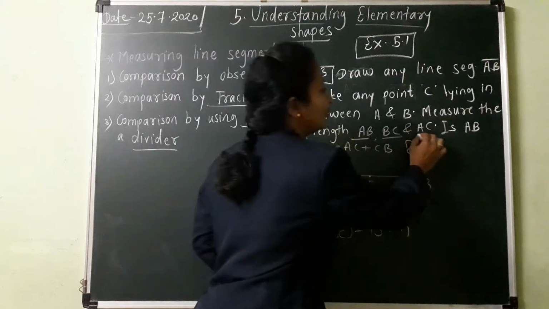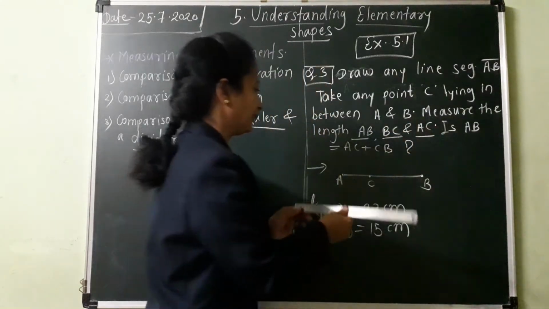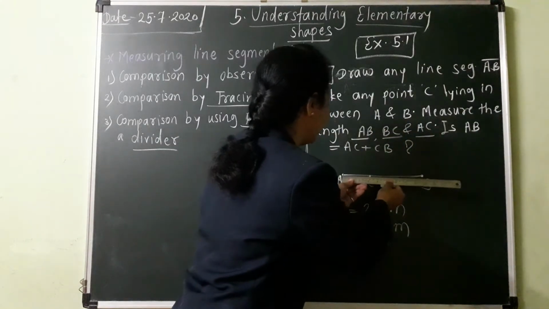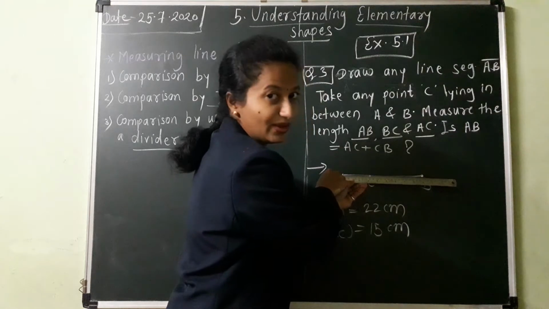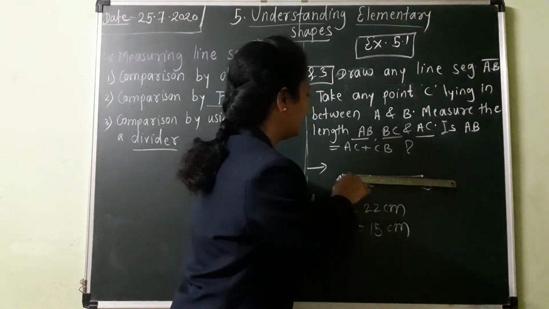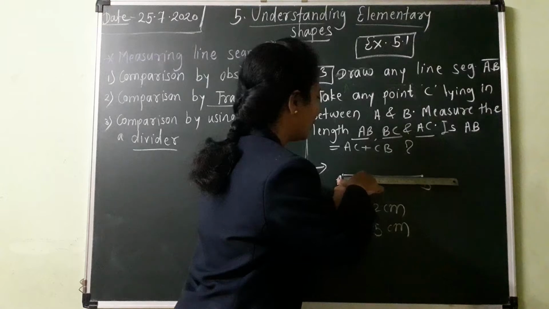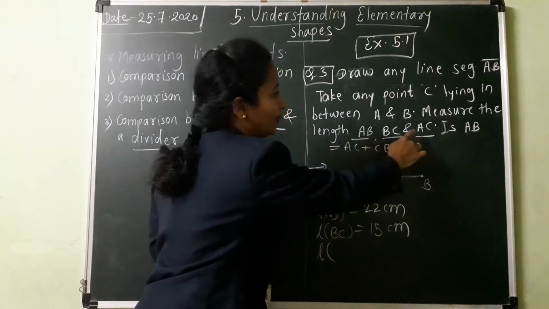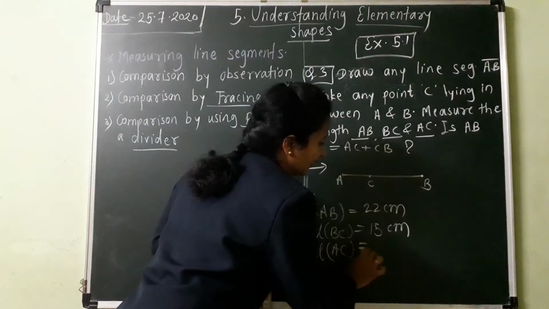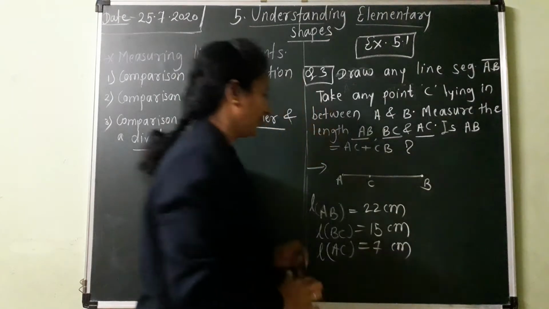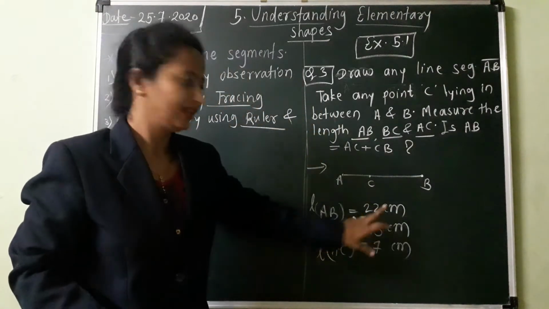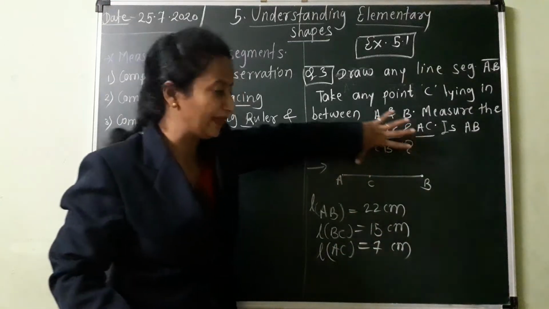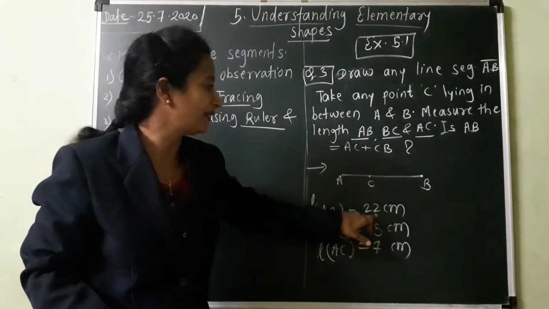Now we have to measure the length of AC. Now I will put the 0 mark on one point of the line segment and then C point. So the length of AC shows it is 7 centimeter. Length of AB, the whole segment, is 22 centimeter.